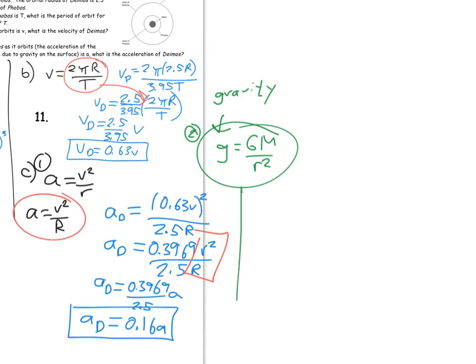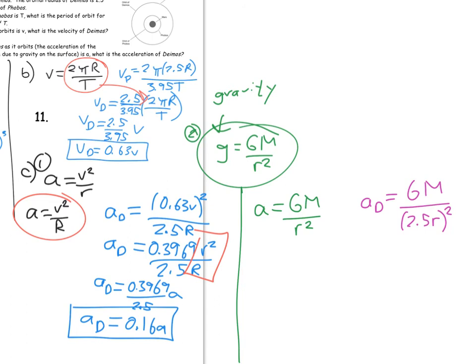So if I want to use this equation instead, for Phobos the acceleration would just be GM over r squared, and for Deimos, which has a radius that's 2.5 times as much, its acceleration is going to be GM over (2.5 r) squared. The masses are the same here because in both cases the mass we're worried about is the mass of Mars, not the mass of either one of the moons. It's the mass of that central object, the thing causing the acceleration due to gravity.